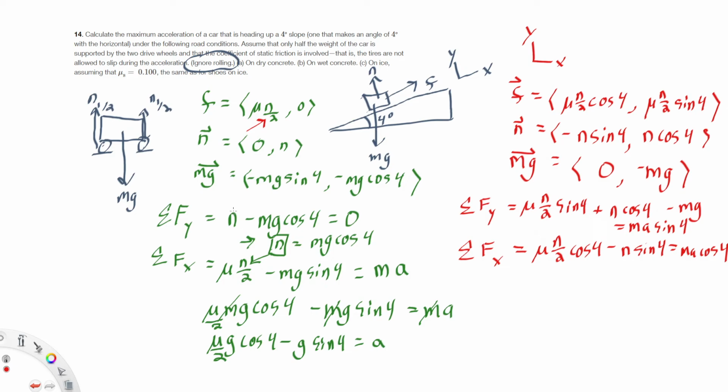In the red perspective, we have both of our unknowns, n and a, in both of our equations. That makes it more difficult to solve. So we'll have to solve for n in one of the equations, plug it in the other one, and that'll give us an expression for a. So a little bit more complicated algebraically.